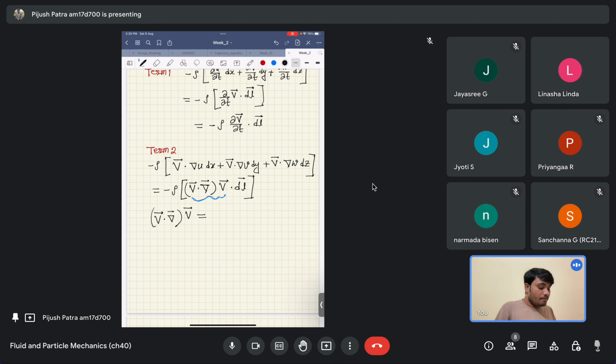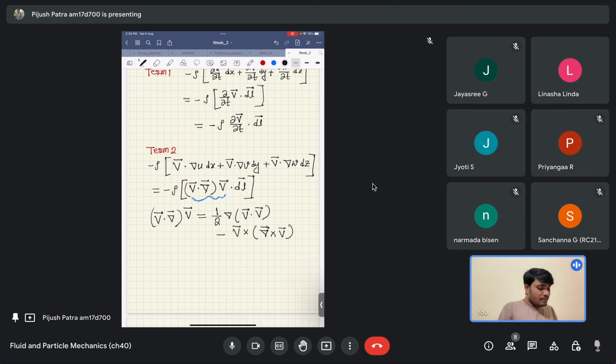If I use an identity rule for this vector, it will be half gradient of v dotted with v minus v cross with del cross v, gradient operator cross v.